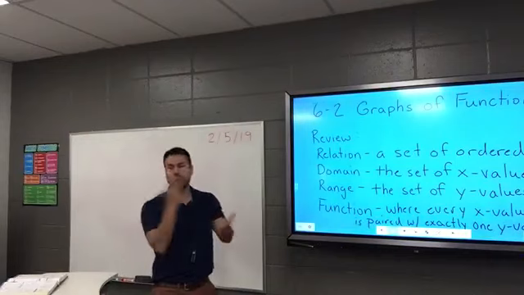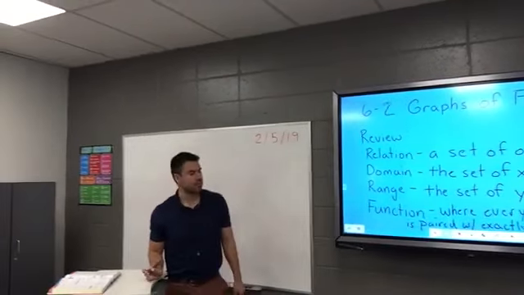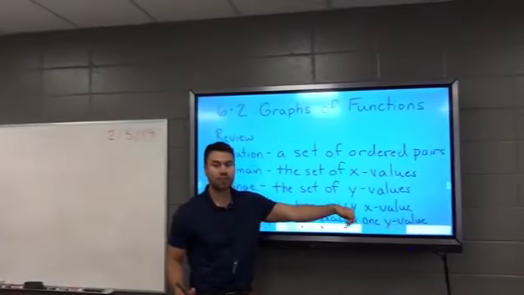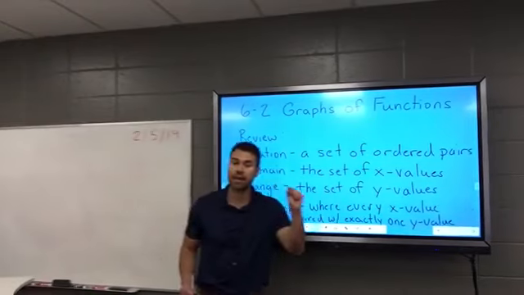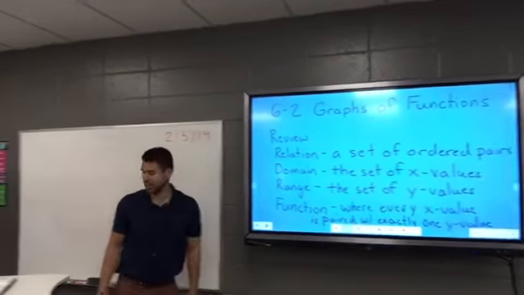It has one partner. Every x value has one partner. So you got to remember that. Is it saying that every y value is paired with exactly one x value? No, it's saying every x value. And you're like, is there a difference there? Yes, there's a difference.